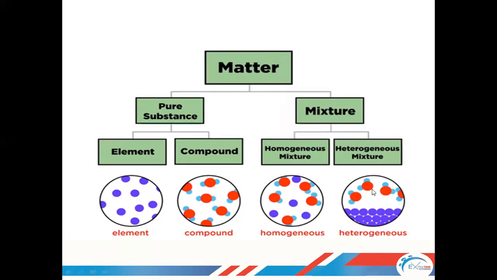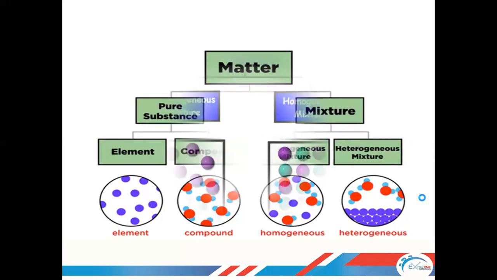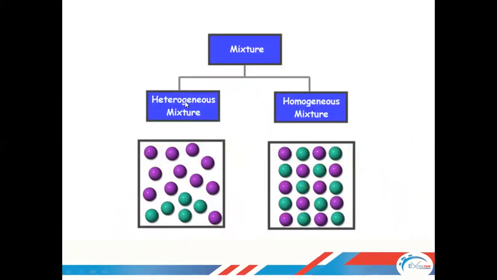There is no uniformity in the distribution as we have seen in the homogeneous mixture. Again, this is showing us the difference between the heterogeneous mixture, which has more than one type of particle that is randomly distributed, versus the homogeneous mixture that has more than one type of particle, but they are evenly distributed throughout.